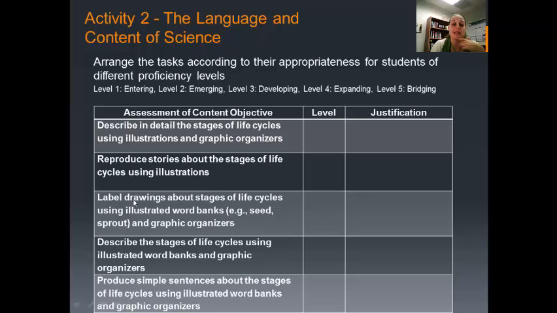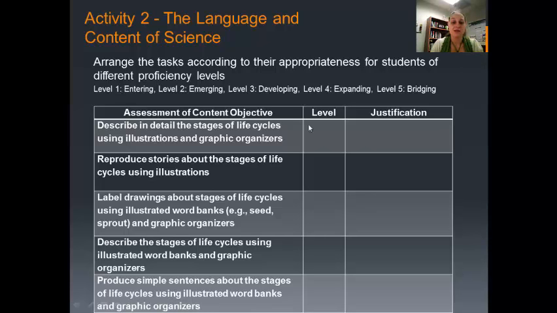Okay, next one would be label drawings, and the supports would be an illustrated word bank and a graphic organizer. Next one would be describing the stages of life cycles, using again two supports, illustrated word banks and graphic organizers. And the last objective would be produce simple sentences, using again two supports, illustrated word banks and graphic organizers.